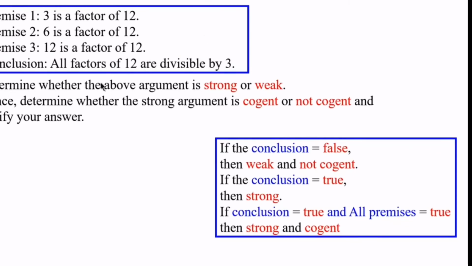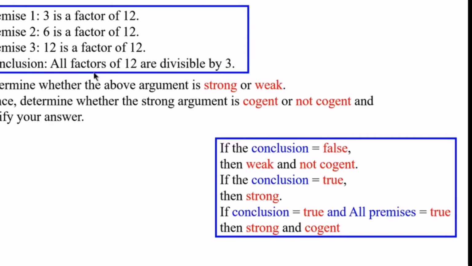If all the premises are true, then we say the argument is strong and cogent. If the conclusion is true and one of the premises is false, we say the argument is strong but not cogent. So for this type of question, you have to check the conclusion first. If the conclusion is false, the argument is weak and not cogent. If the conclusion is true, the argument is strong, and then we check all the premises.